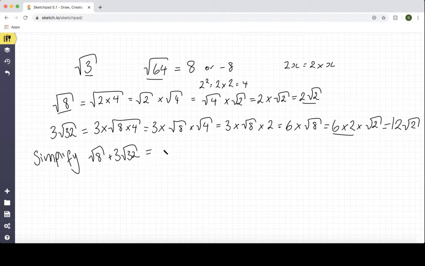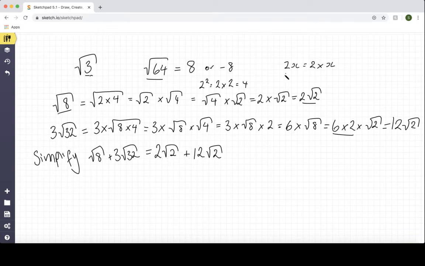So we can substitute that in for the square root of 8: 2 times the square root of 2. And we've gotten that 3 times the square root of 32 is equal to 12 root 2. Now we can see we've got 2 root 2 plus 12 root 2.